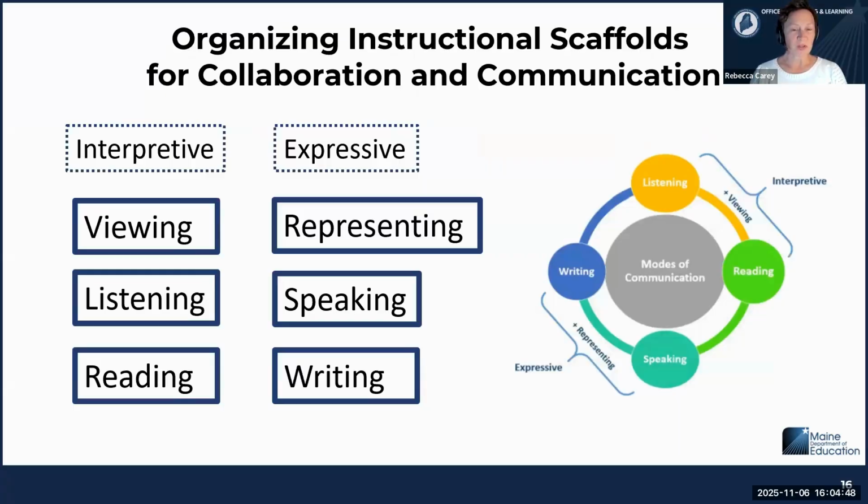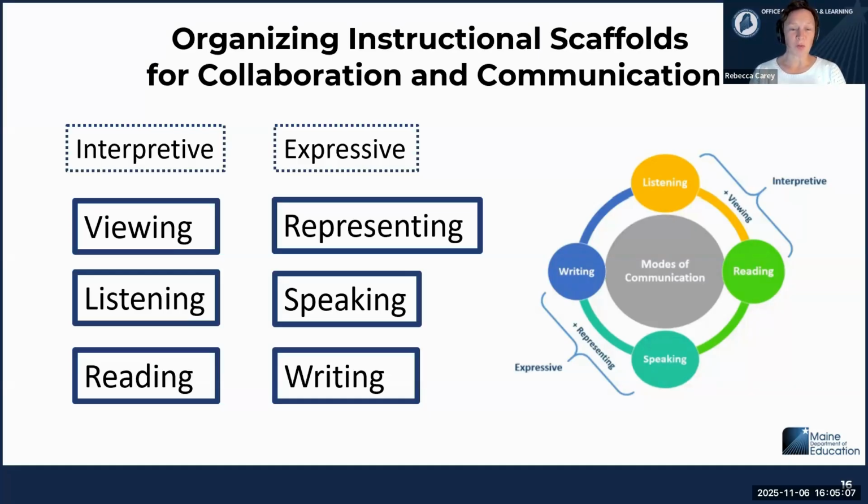This is another way that we'll talk about organizing your instructional scaffolds for collaboration and communication when you are developing your ILAP and adding information. This is a way to look at it through the WIDA lens of the modes of communication.